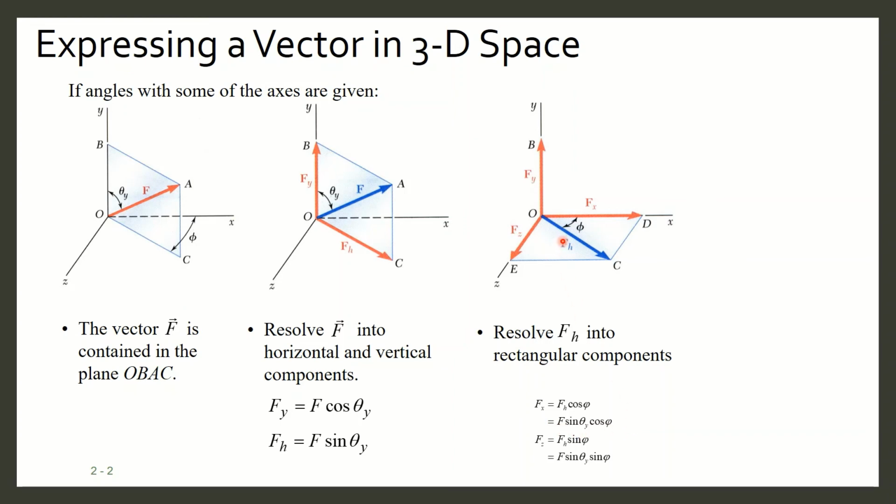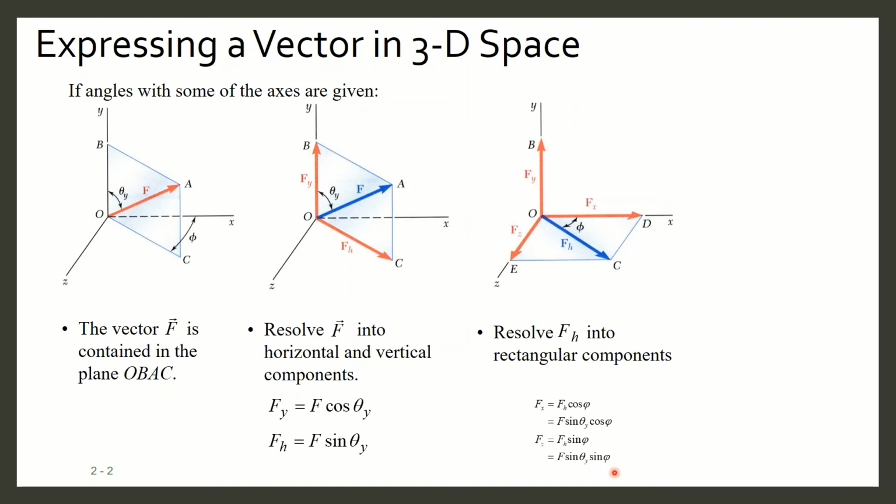Similarly, you can resolve this Fh into the z direction, that is Fh sine phi. So Fz will be Fh sine phi, and once again we can replace Fh as F sine theta. So Fz is F sine theta sine phi.